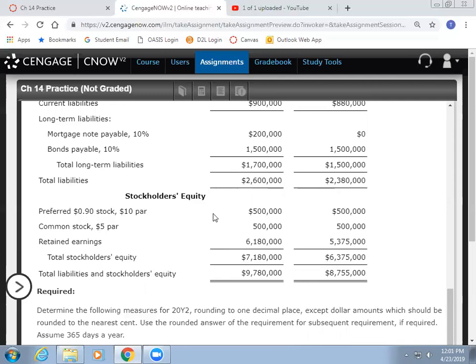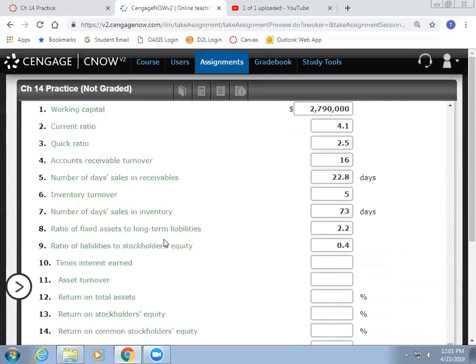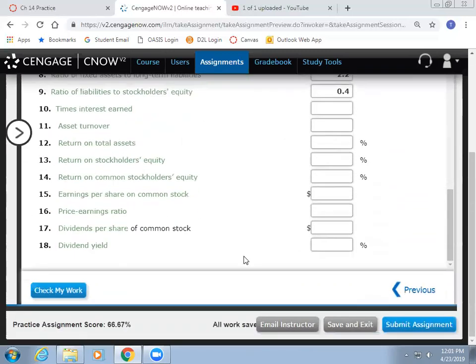You take your total stock divided by the par to get how many shares were outstanding. Anything else? Market price per share. I think they give you the rest.